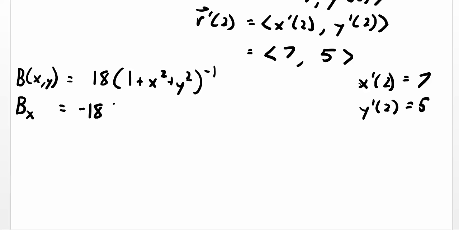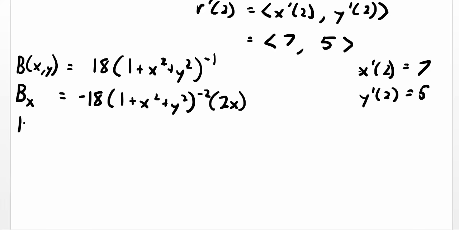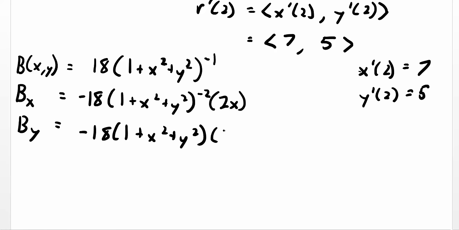Negative 18 times 1 plus x squared plus y squared to the negative 2 times the partial derivative of the inside, which is 2x, and the partial derivative with respect to y is negative 18, 1 plus x squared plus y squared to the negative 2 times 2y.